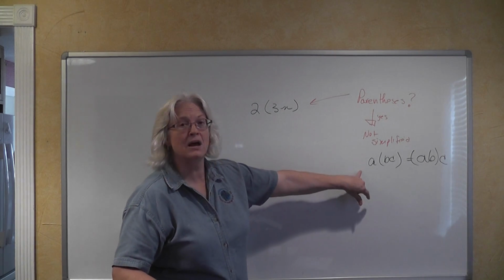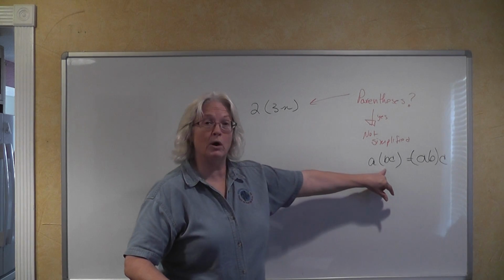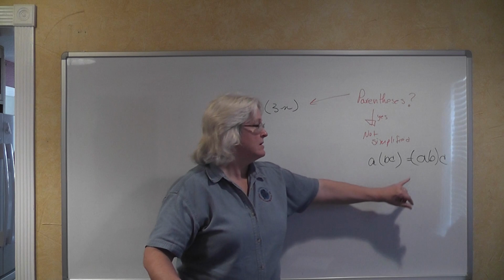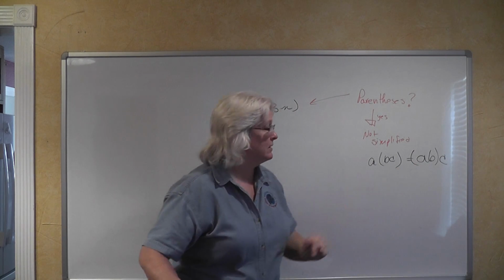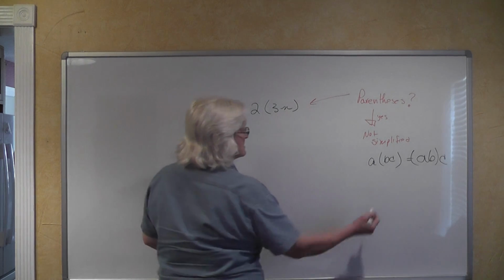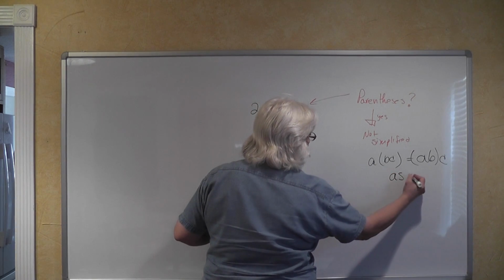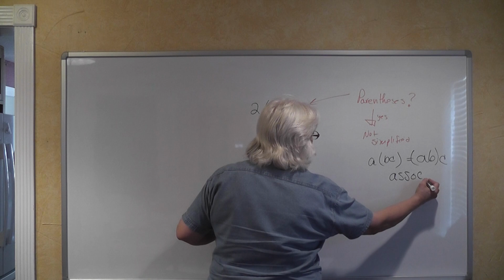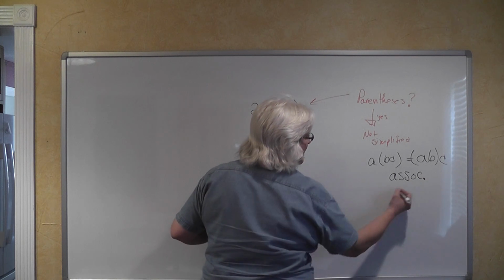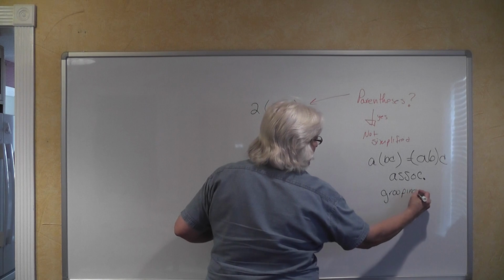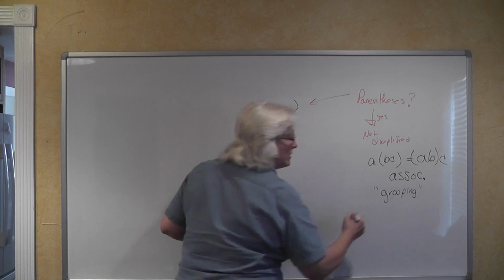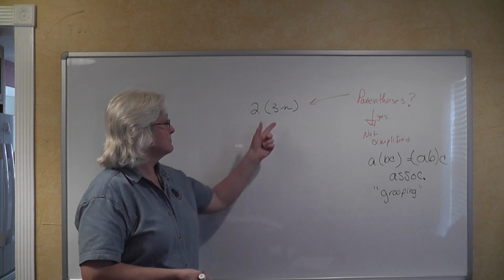So in other words, A times the quantity B times C is the same as the quantity A times B, times C. This is the associative property, and this tells us that grouping doesn't change the value of an expression.